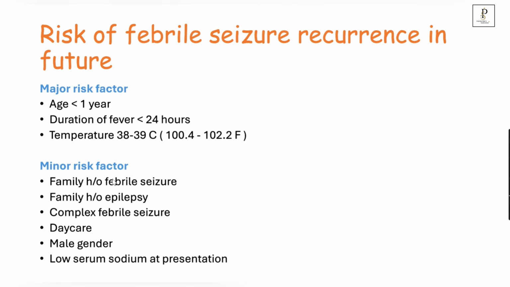Minor risk factors: if family history of febrile seizure is there, if family history of epilepsy is there, if the child has a complex febrile seizure, then it is a minor risk factor for recurrence.